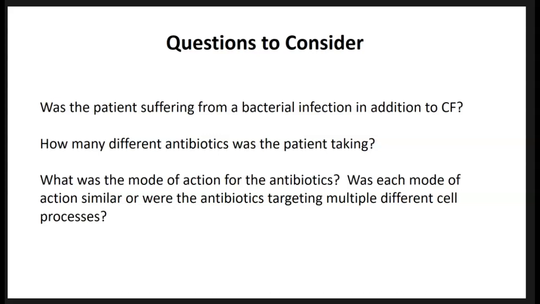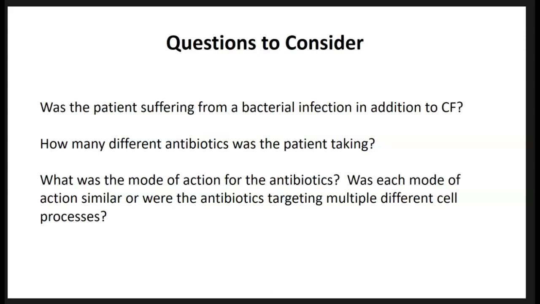Here are a few questions to consider when you're reading this paper. Was the patient suffering from a bacterial infection in addition to her cystic fibrosis? How many different antibiotics was the patient taking? There's a good figure in this paper that shows all the different compounds that Isabel was taking during the time of the study.